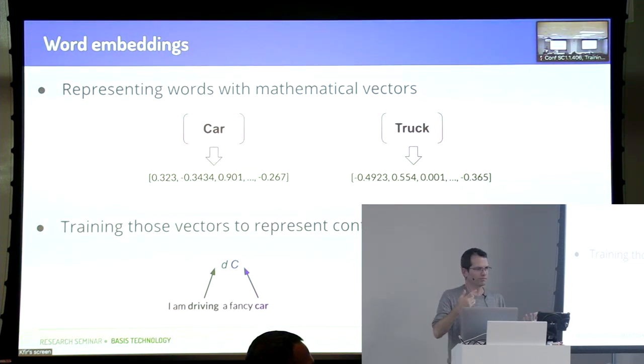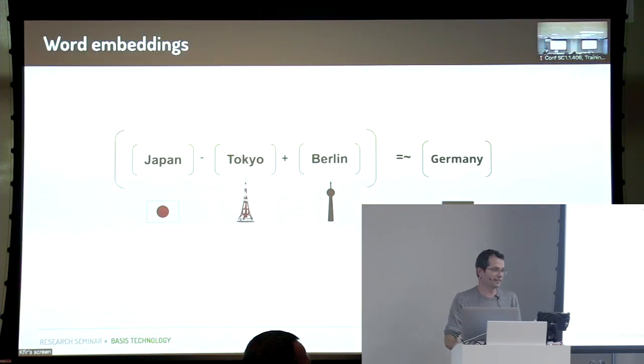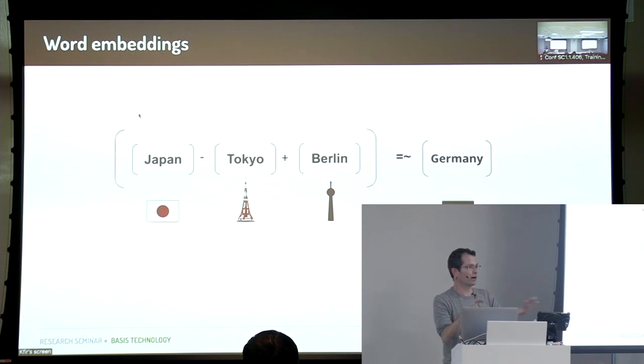And after many iterations, you get to a point where you have stable vectors, and you can do things like that. You can take the vector of the word Japan, and then subtract the vector of the word Tokyo, and then add the vector of Berlin, and you get a new vector. This vector you just created is not part of your vocabulary at all.